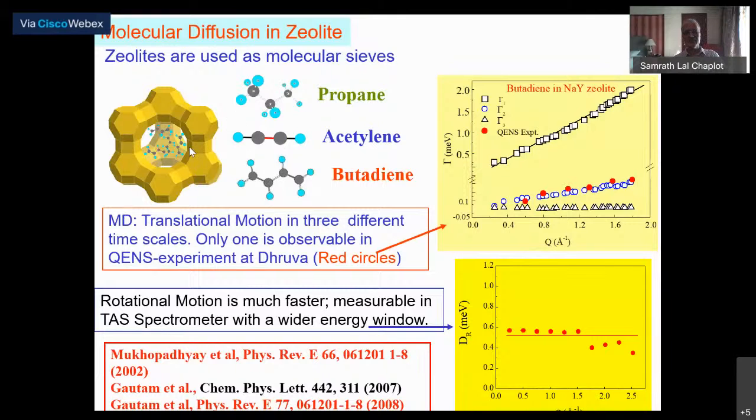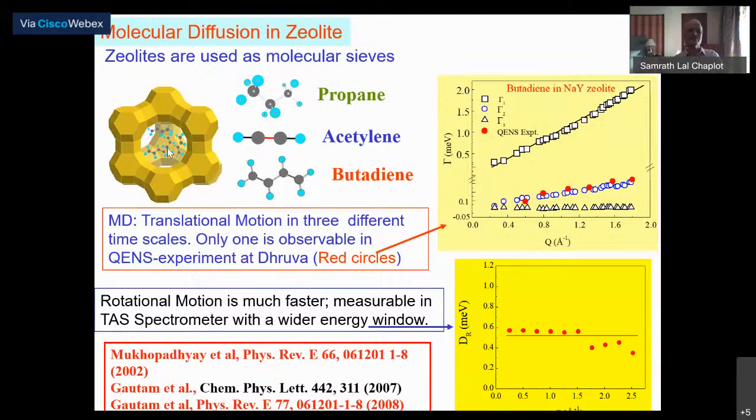You can have a very slow diffusion, or one time scale of diffusion in which the atom may be just moving around inside, translating around, or just at the walls, for example.